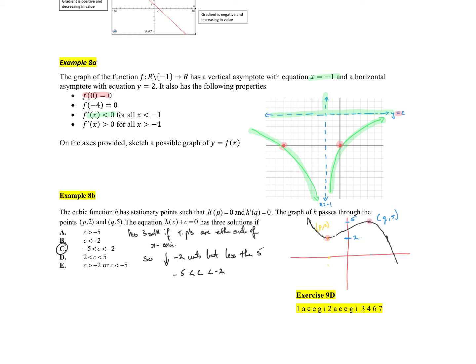So to have three solutions, it means my graph has got to cut 3 times, which means I'm going to need to have the stationary points either side of the axis, which is what I've got here.